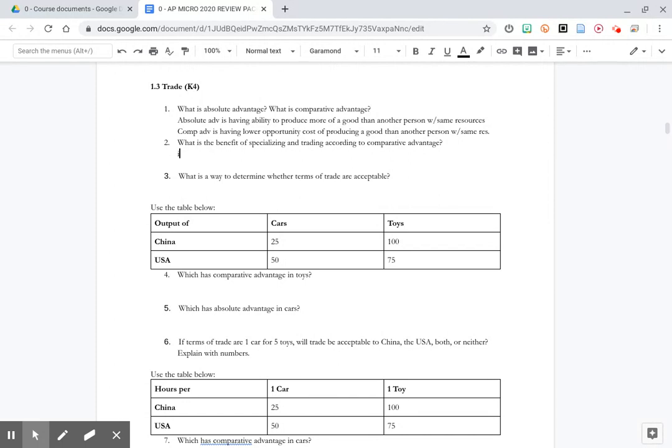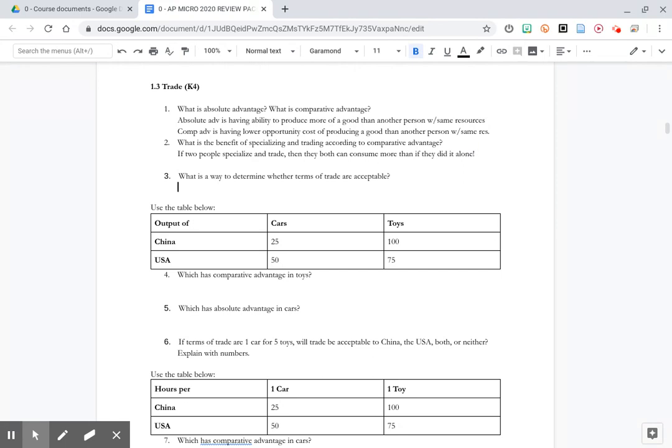It's the idea that if the two people specialize in what they're good at and trade, then they both can consume more than if they did it alone. And that's pretty exciting stuff. That's the biggest benefit of trade: it allows us to specialize in what we're really good at, and then we buy the things that we aren't necessarily as relatively good at.